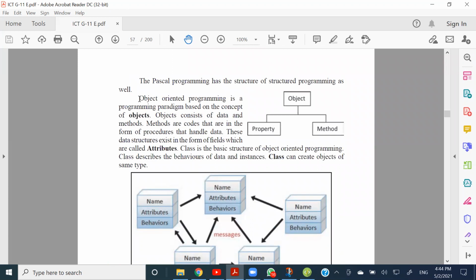And regarding object-oriented programming, from this point to this point.